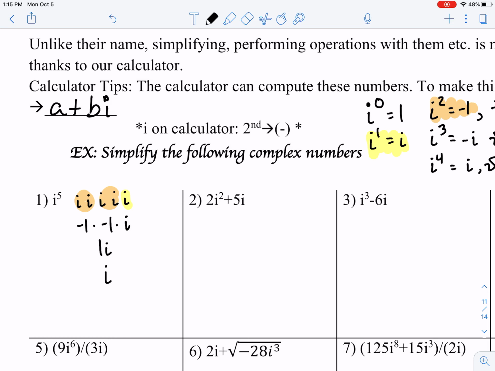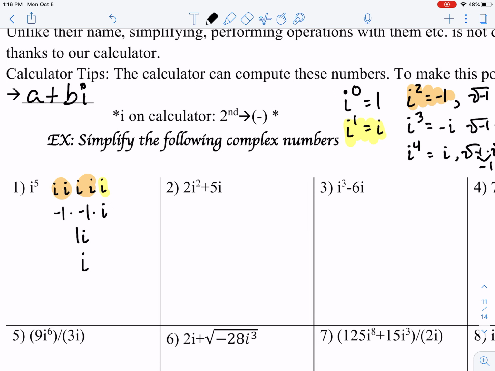Again, I'm going to do the same process for number 2. Taking care of my i's first. This one over here is just I. I have 2 i's. I know that this is really -1.